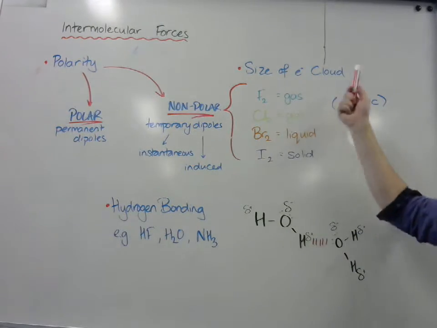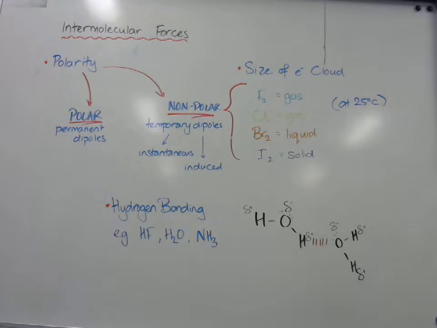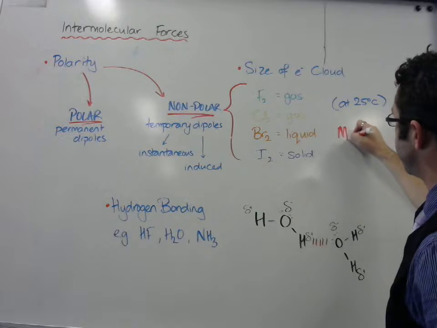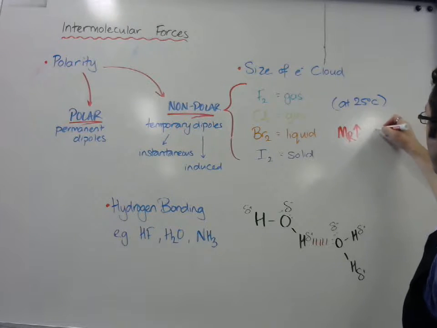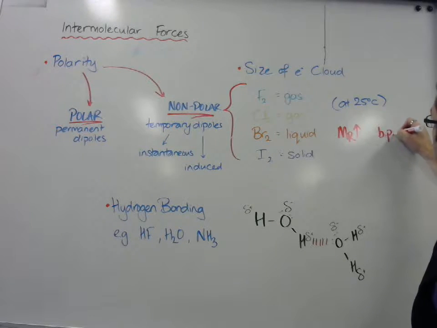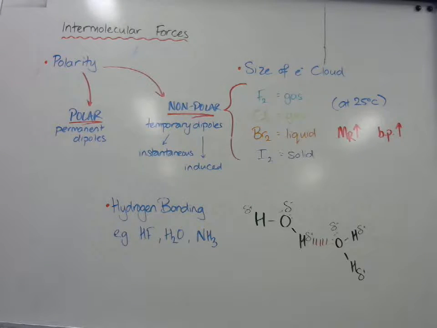I'm going to actually start on the right-hand side, because this links to the activity you've just done, where you found the larger the molar mass, so as molar mass went up, so did the boiling point, which means the strength of the intermolecular forces went up as well. For those doing physics, you could change it to be this relationship.